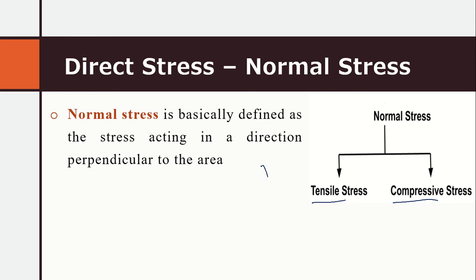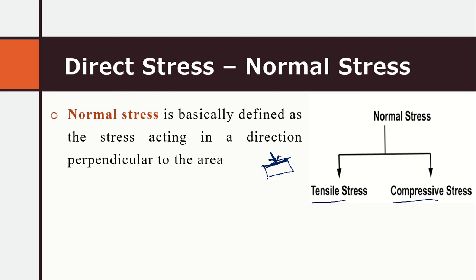Suppose this is an object, the load is acting like this, then the stress induced in this object is called a normal stress. It means the surface on which the load is acting and the load are always perpendicular to each other, that you call a normal stress.